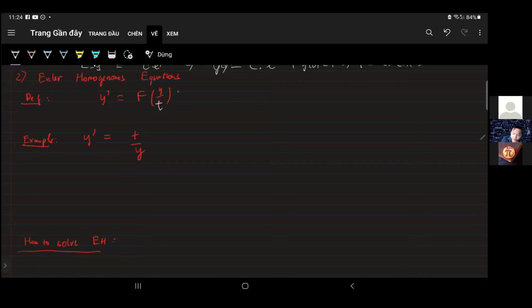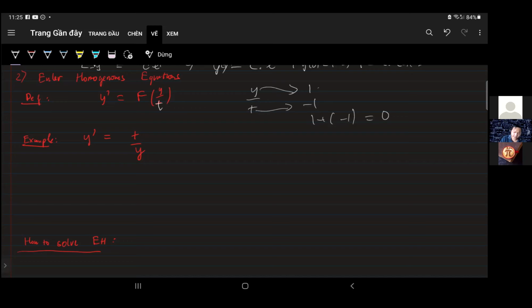So this is y over t, right? The order of the y variable here is 1, because y to the power 1. And the order of t here is -1. So 1 plus -1 is 0. Okay. So somehow I can say it looks like Euler homogeneous.